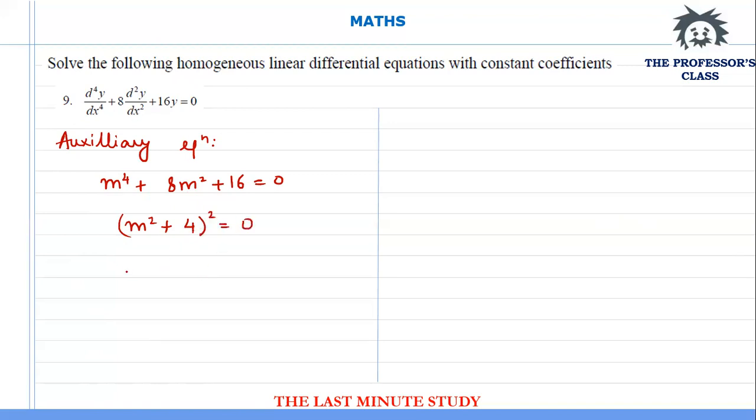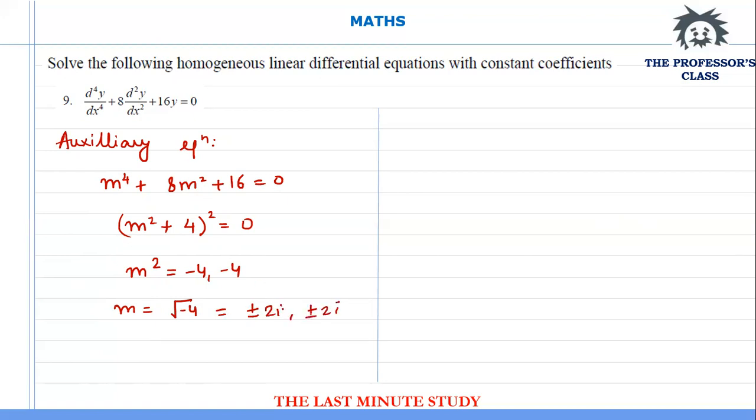So the value of m square is minus 4 and minus 4. Since this is square, it will be repeating two times. And the value of m will be under root of minus 4, so I'll be having plus or minus 2i and plus or minus 2i.